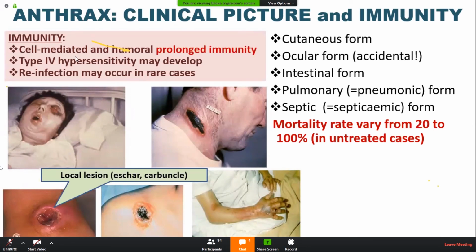So immunity after recovery is prolonged. But unfortunately, in some cases, occasionally, it may induce reinfection. Reinfection may occur. Well, and type 4 hypersensitivity may develop.